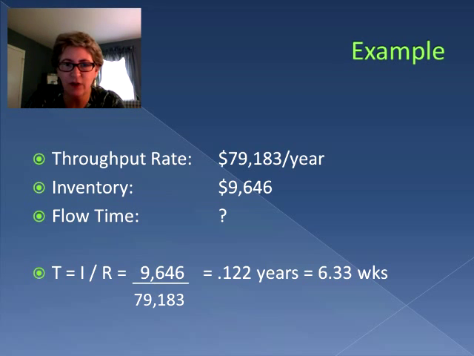But a lot of people have difficulty understanding what 0.122 years is, so we just multiply it by 52 weeks in a year, and that's how we get 6.33 weeks. So what this tells us is it takes 6.33 weeks for a single dollar to enter the process for it to come out and be able to be billed to the customer.